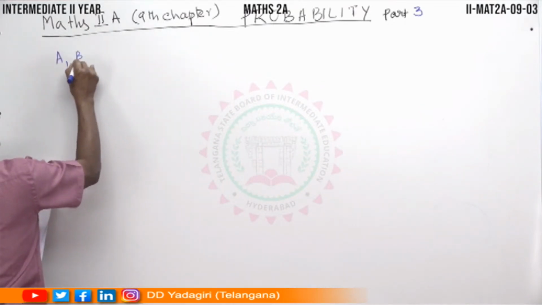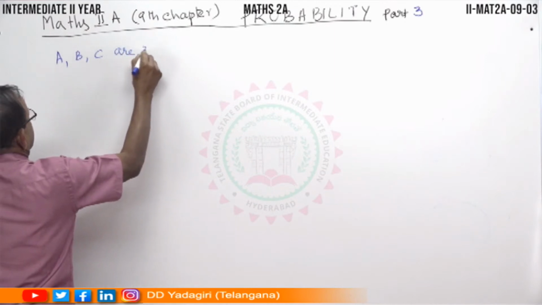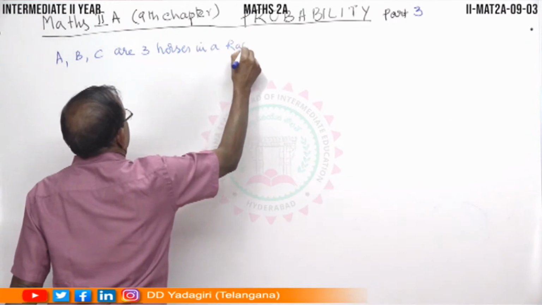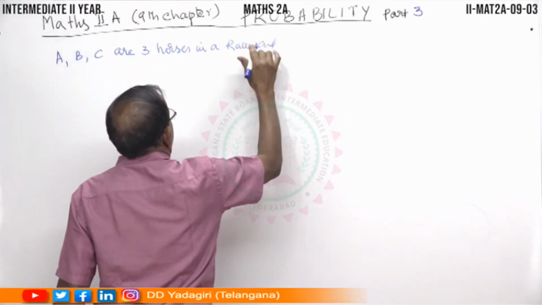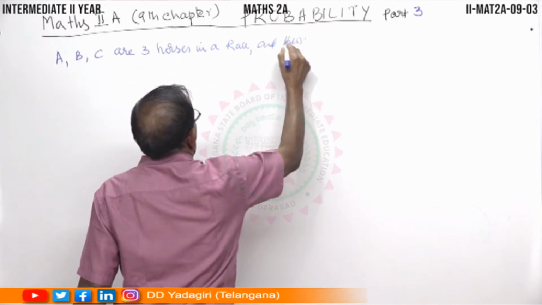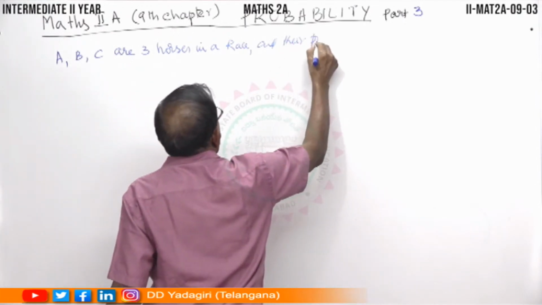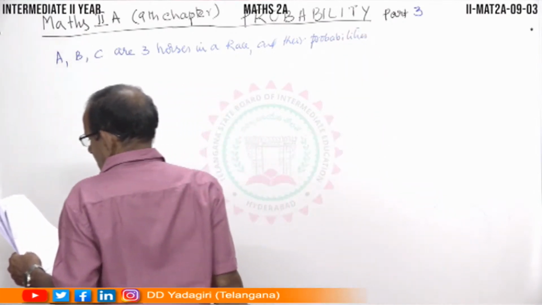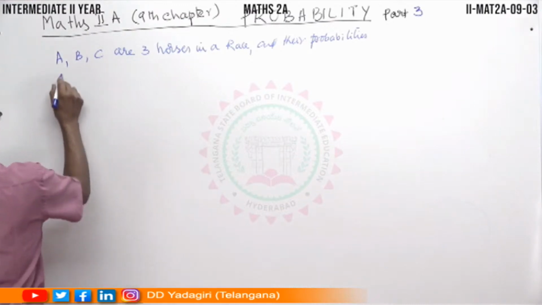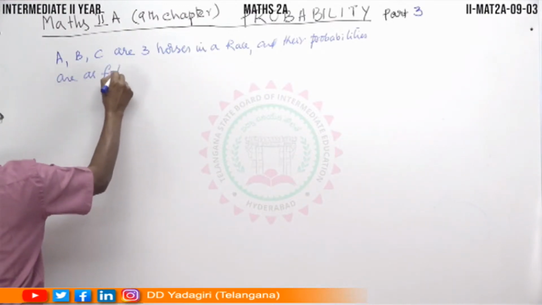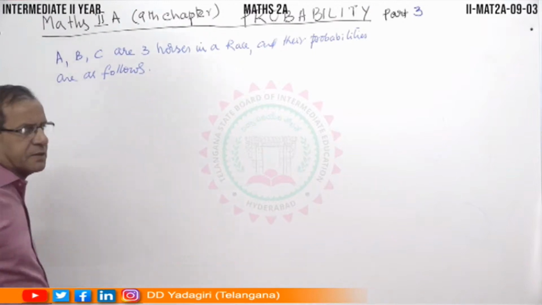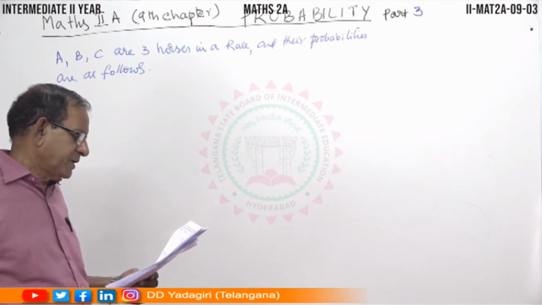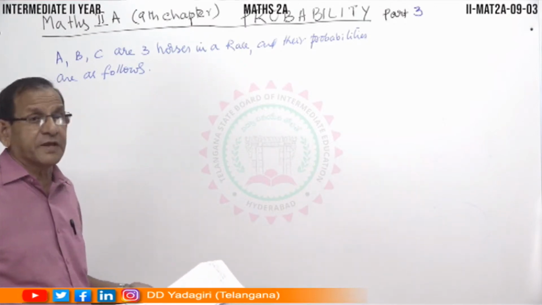A, B, C are 3 horses in a race and their probabilities are as follows. One is, the probability of A to win the race is twice that of B.